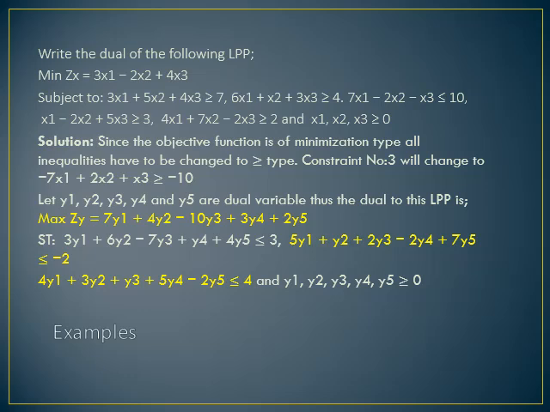Okay. Constraint 2, 6x1 + x2 + 3x3 ≥ 4, is okay. 7x1 - 2x2 - x3 ≤ 10.